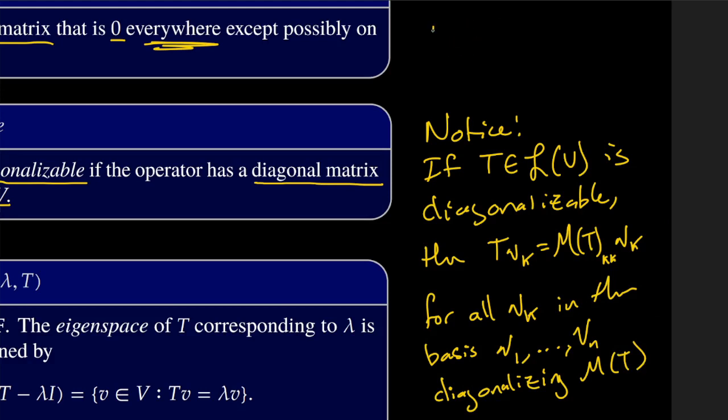Think of it this way: you've got a square matrix with entries along the diagonal that are stars, meaning they could be non-zero, and everything else outside of that is zero.